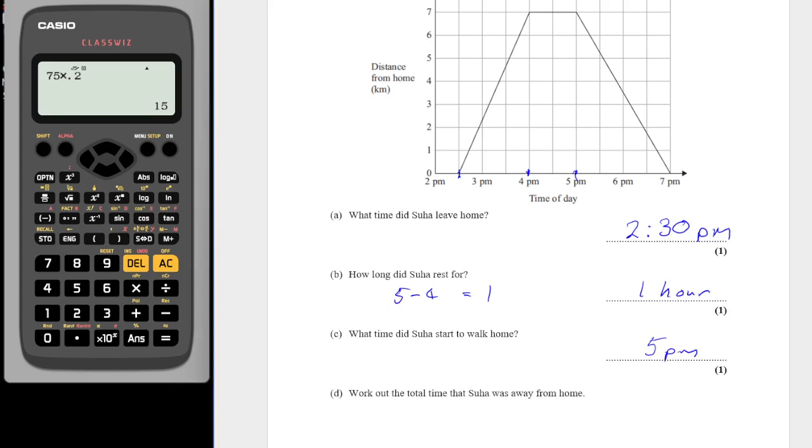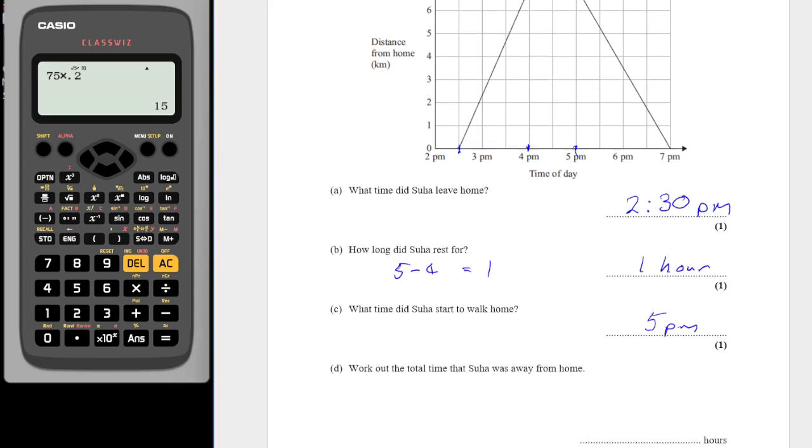And then work out the total time that she was away from home. So away from home, 2:30 to 7. So 7 p.m. minus 2:30 p.m. And again, don't really need a calculator for this, but just to show you the time function on our calculator, really an underused button.